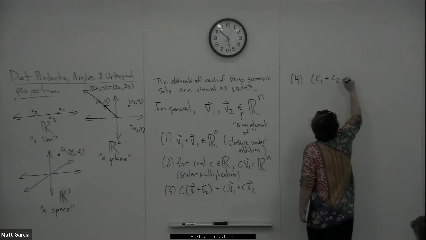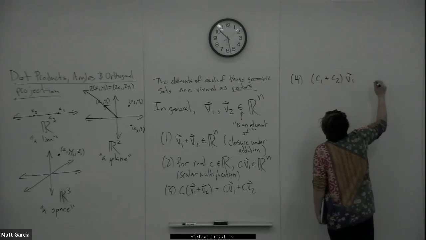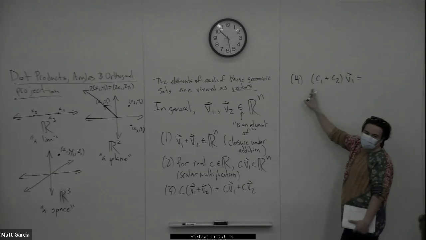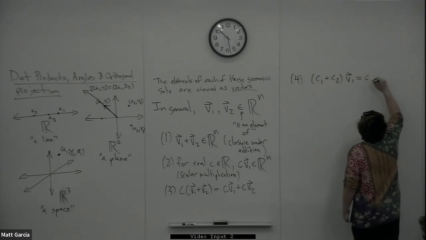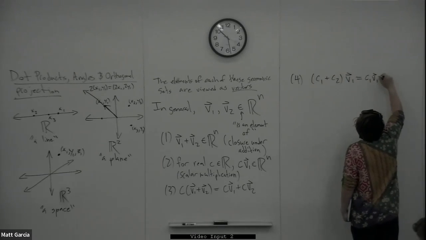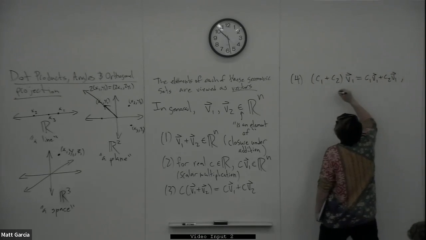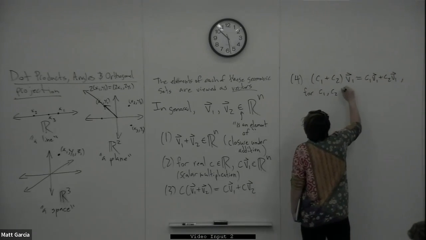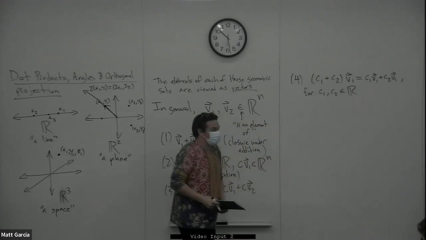If I take 2 scalars, C1 and C2, and multiply them by V1, I can distribute the vector inside the scalar addition. Okay. C1 V1 plus C2 V1. I should be explicit here for C1 and C2, again, elements of R, this scale.